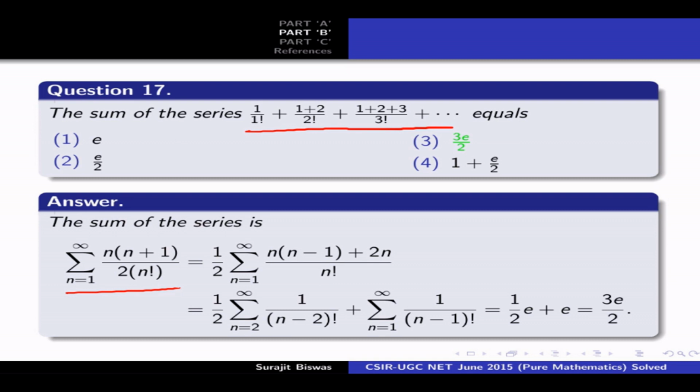Then if we separate out, we will have half times the sum n equal to 2 to infinity of 1 by (n minus 2) factorial plus the sum n equal to 1 to infinity of 1 by (n minus 1) factorial. The first sum would be half times e, and the second sum is also e, so the total is 3e by 2. Okay, so the correct option is this.